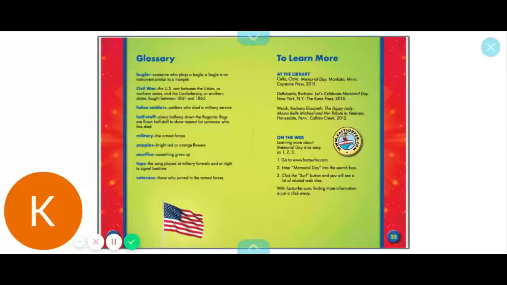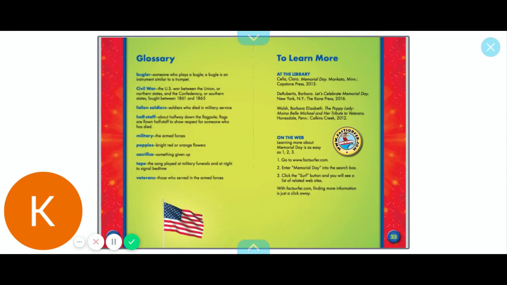Military, the armed forces. Poppies, bright red or orange flowers. Sacrifice, something given up. Taps, the song played at military funerals and at night to signal bedtime.